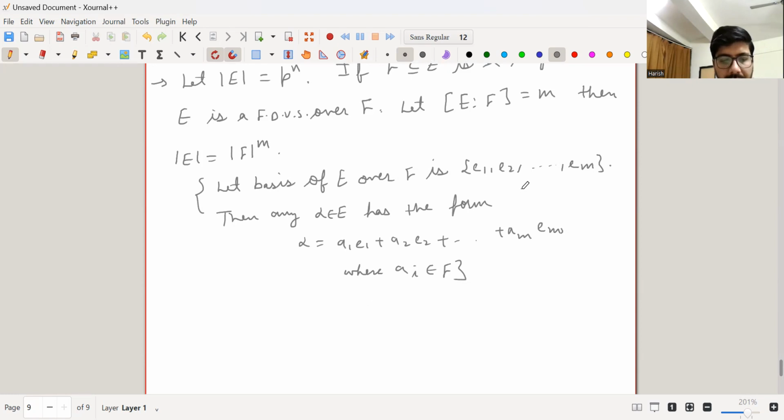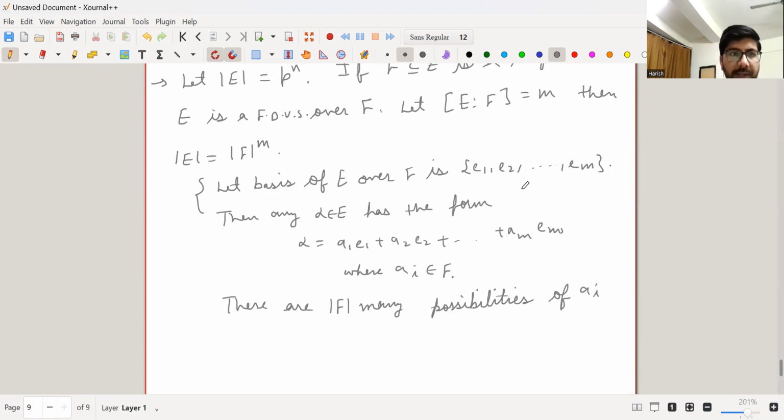So there are mod of F many possibilities for these ai's, right? So there are mod of F many possibilities for each ai.